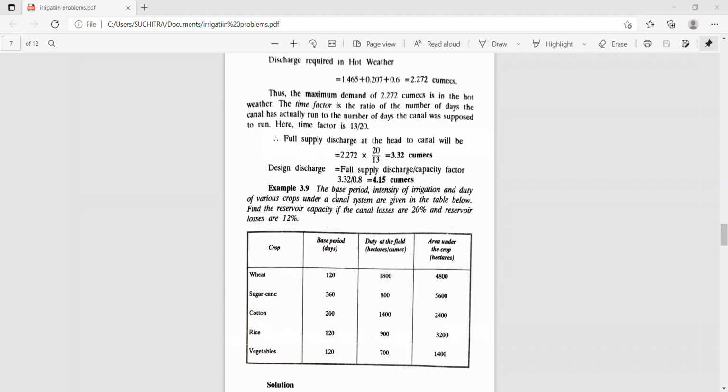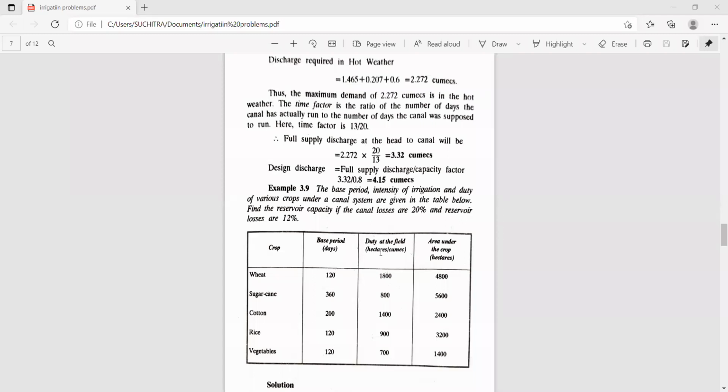So next problem: the base period, intensity of irrigation and duty for various crops under a canal system are given in the table. Find the reservoir capacity if the canal losses are about 20% and the reservoir losses are 12%. Here you have the various crops: wheat, sugarcane, cotton, rice and vegetable, and the corresponding base periods are given in column 2.